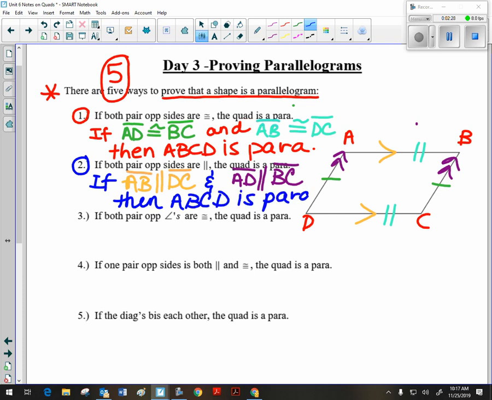Looks a lot like what we do with a parallelogram if we are given one, but this is working in the reverse order. Number 3, both pairs of opposite angles are congruent.